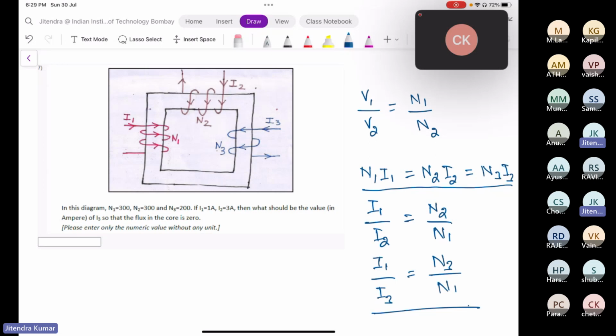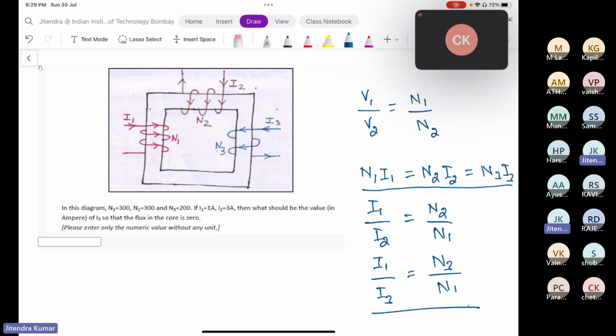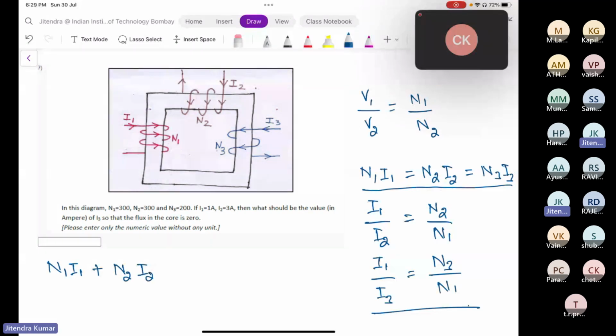So here we need to identify what should be the value of I3 such that the flux in the core should be equal to 0. Okay, so we will add all the MMFs and they should be equal to 0. So let's start doing that. N1 I1 plus N2 I2 plus N3 I3 is equal to 0.